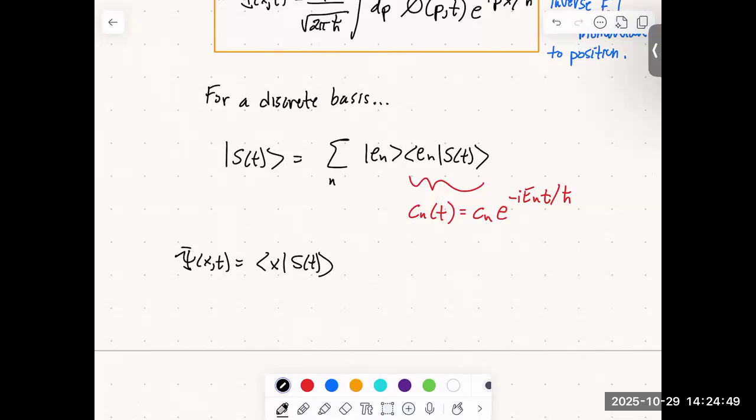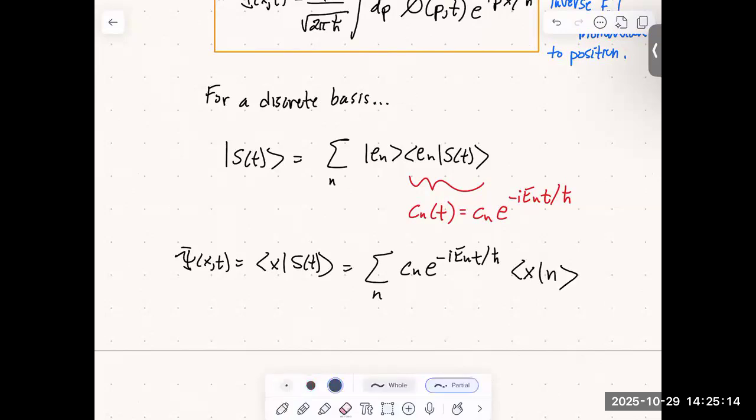And so it's going to be equal to, let's see, there's going to be a sum over n. We've got our Cn. And then we have e to the minus i En t over h bar. And then we have x acting on, sorry, it's En. I should write En.